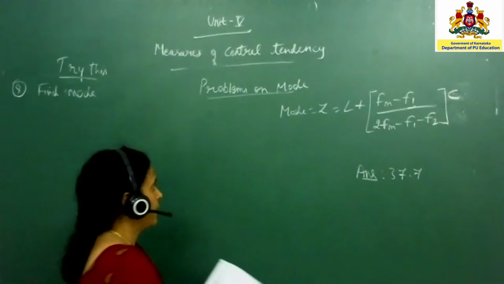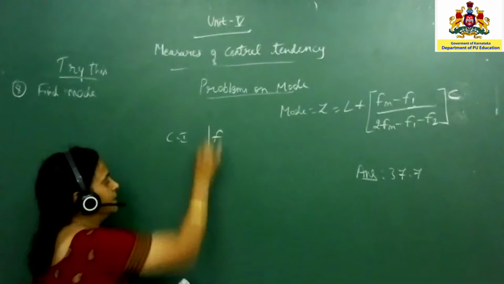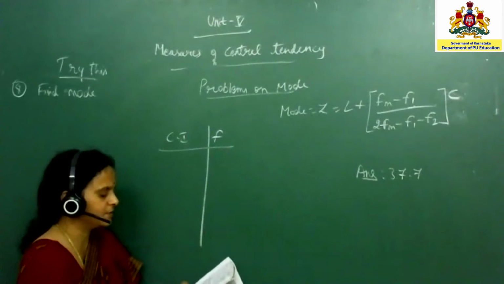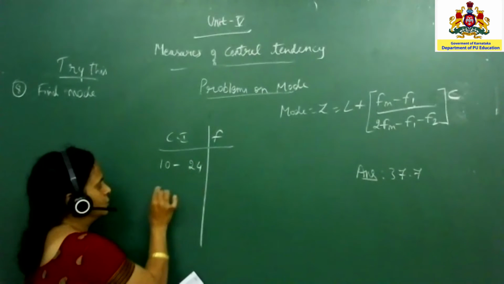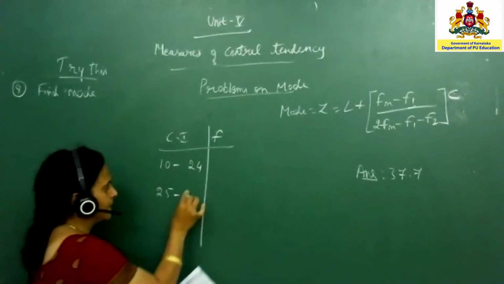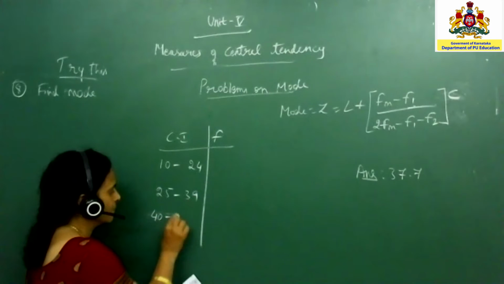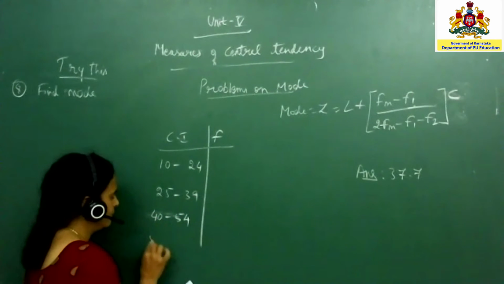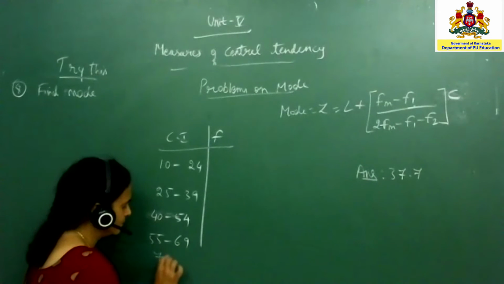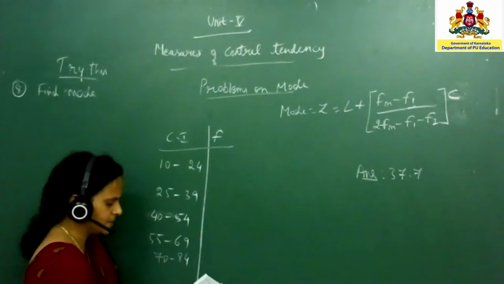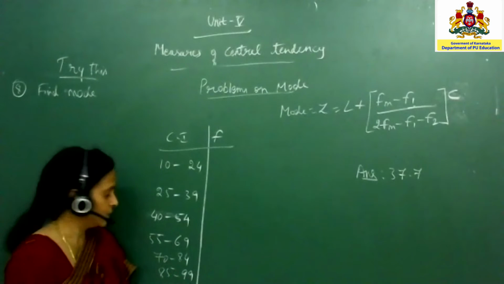Next problem, find the mode. This is for you people, try this one. I'll just give you the data. The first is the class interval, the second is the frequency. The first column is 10 to 24, 25 to 39, 40 to 54, 55 to 69, 70 to 84, and the last class interval 85 to 99.